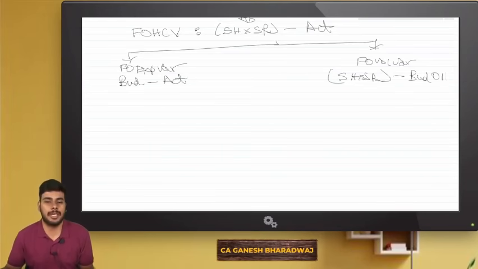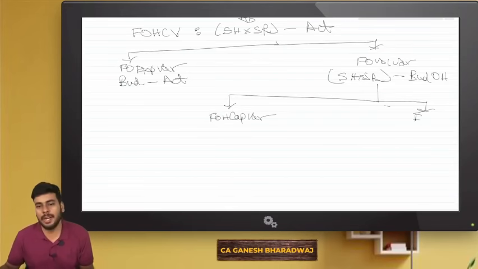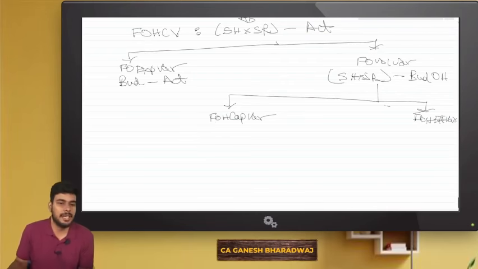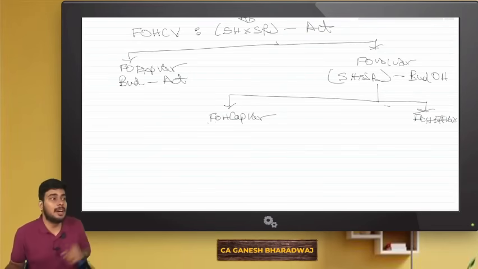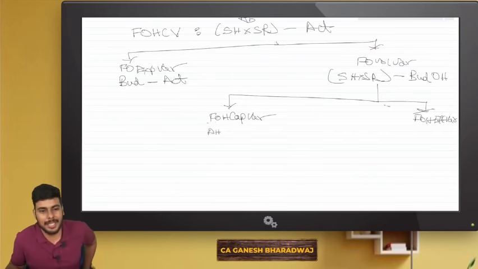Correct or not? Now, this we classified into two: fixed overhead capacity variance and fixed overhead efficiency variance. Capacity variance formula, the one thing alone I asked you to remember: AH into SR minus budgeted overheads.